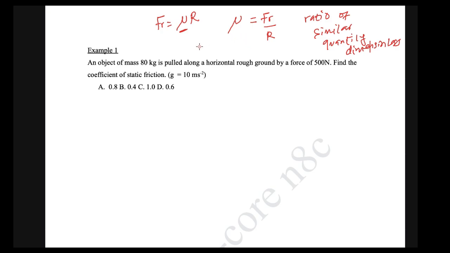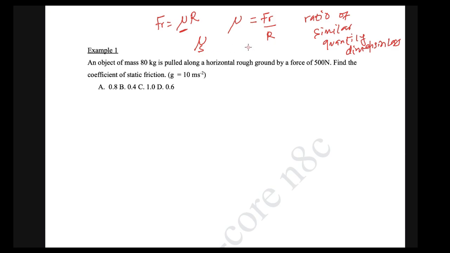Then again, your mu can be of two types. You can have coefficient of static friction, which is the coefficient of friction present when the object is just about to move or not yet moving. The frictional force that is present when you have coefficient of static friction is also called limiting frictional force or static frictional force. So when you say limiting frictional force, it refers to static friction.